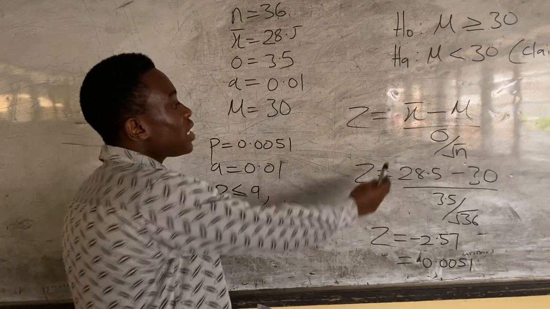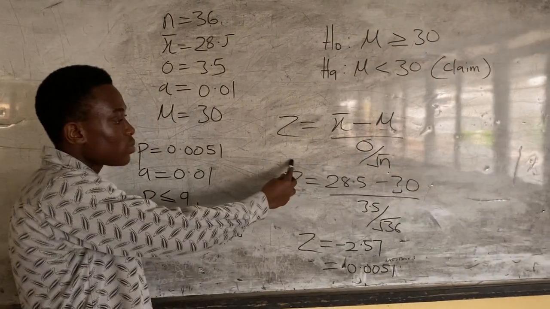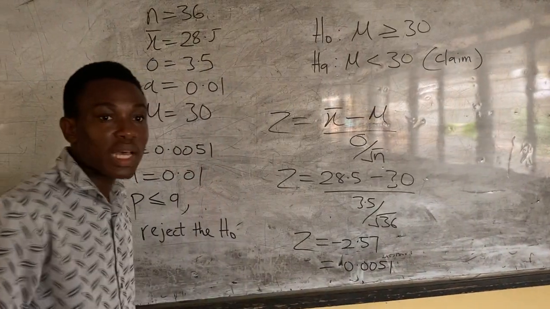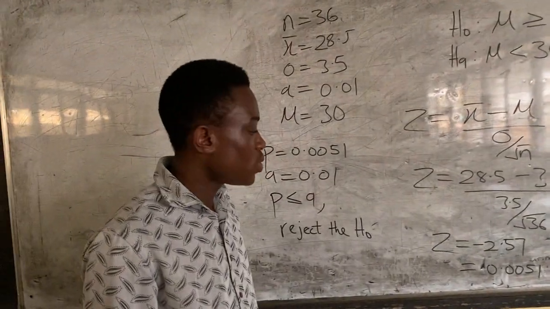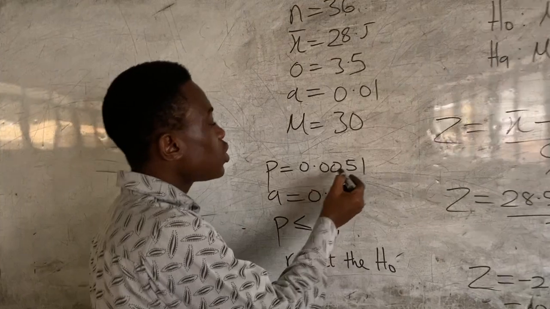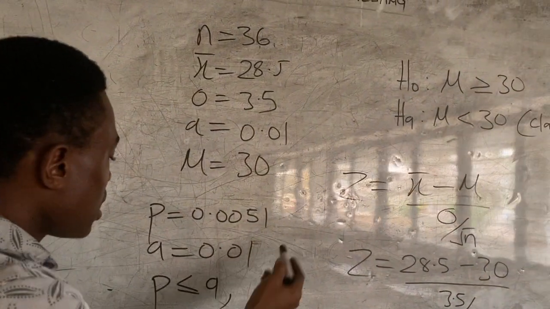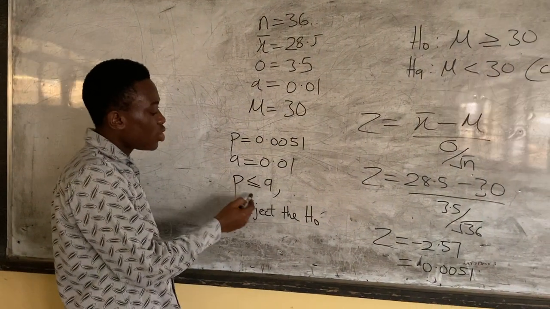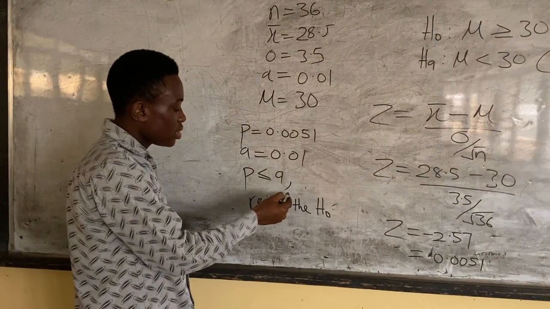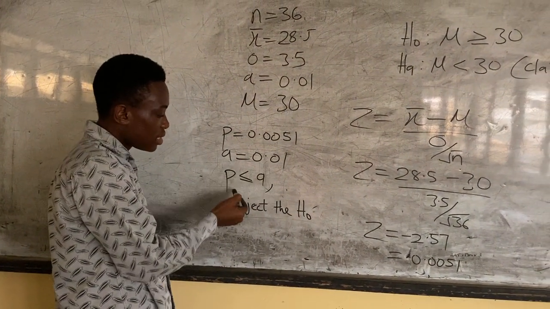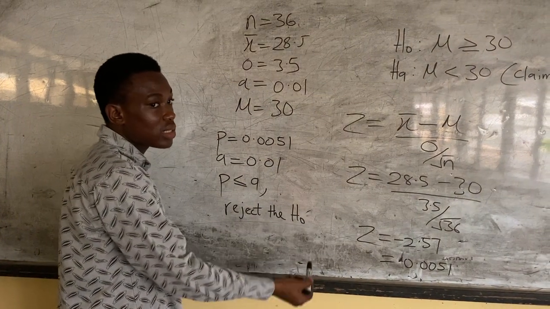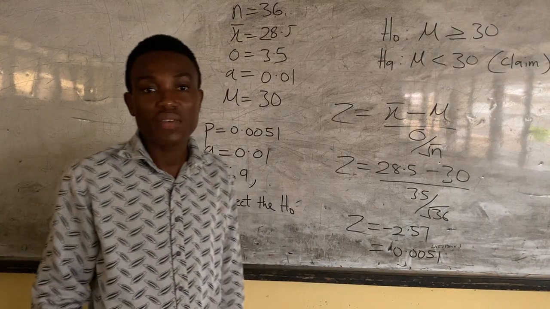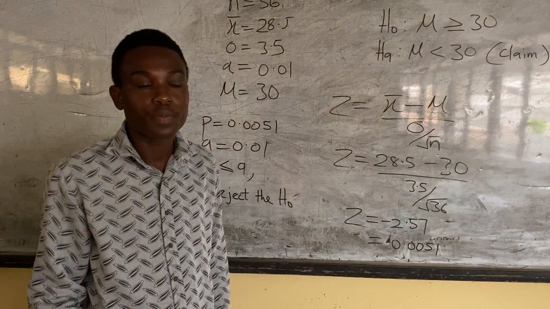We computed our test statistic value, which gave us negative 2.57. Then we found our p-value, 0.0051, and stated our decision rule, p less than or equal to alpha. So the decision rule was to reject the null hypothesis, and the final decision was that there is enough evidence to support the claim.